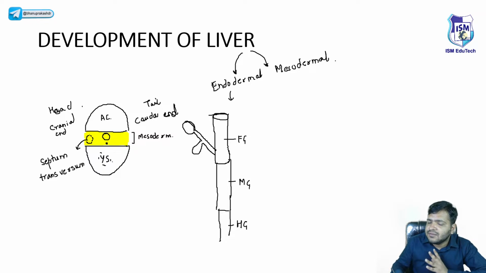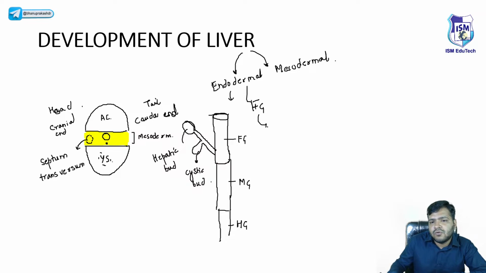So the foregut is endodermal. We have this hepatic bud, and this is the cystic bud. When I say endodermal in origin, it is derived from the foregut, the hepatic bud.